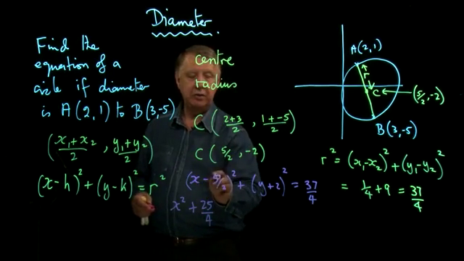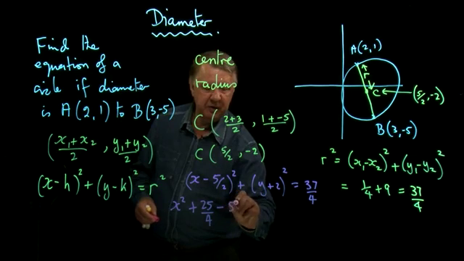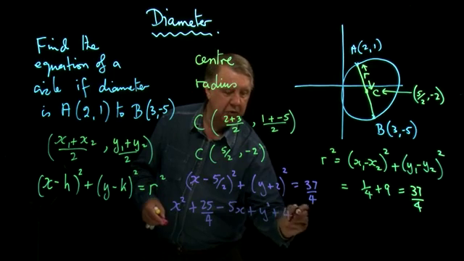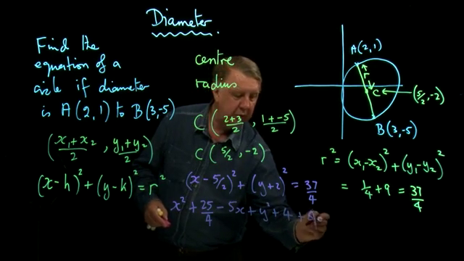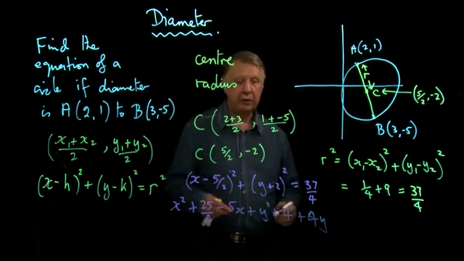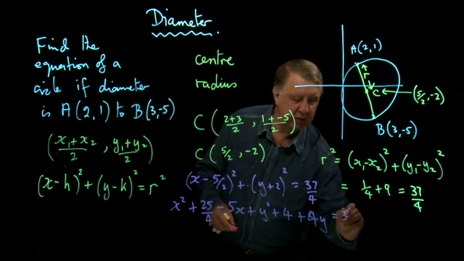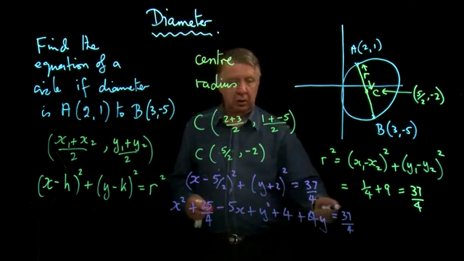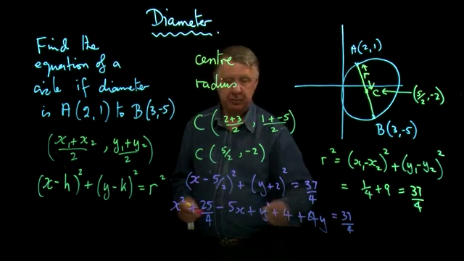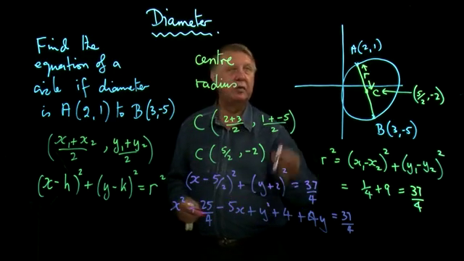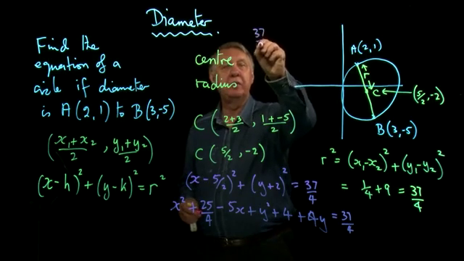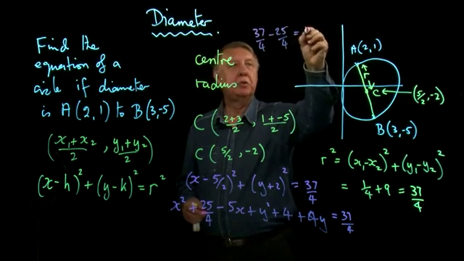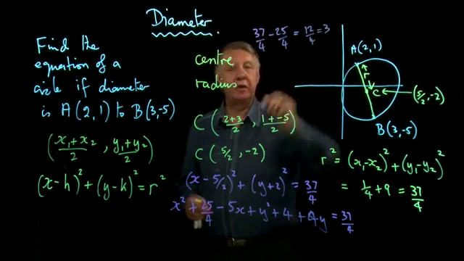Twice the product will be minus 5x plus y squared, square that is 4, twice the product is 4y, equals 37 over 4. 37 over 4, take away 25 over 4, let's just do that. 37 over 4, take away 25 over 4 is 12 over 4, which is 3.